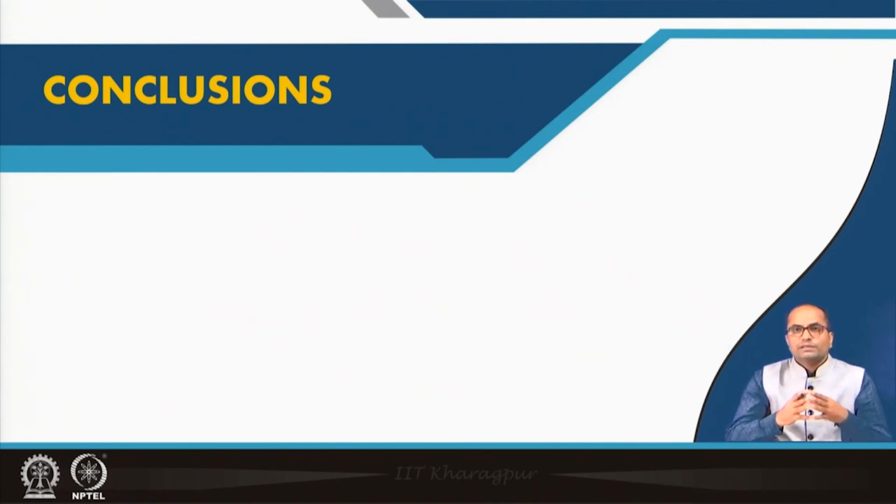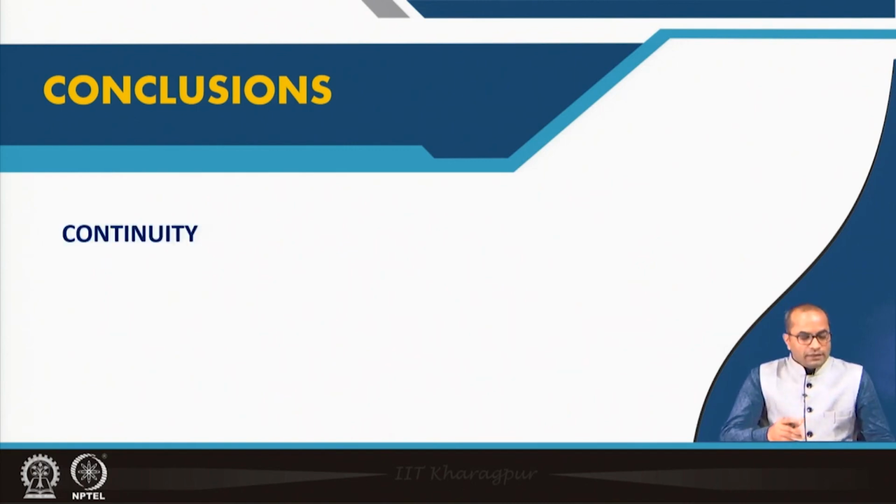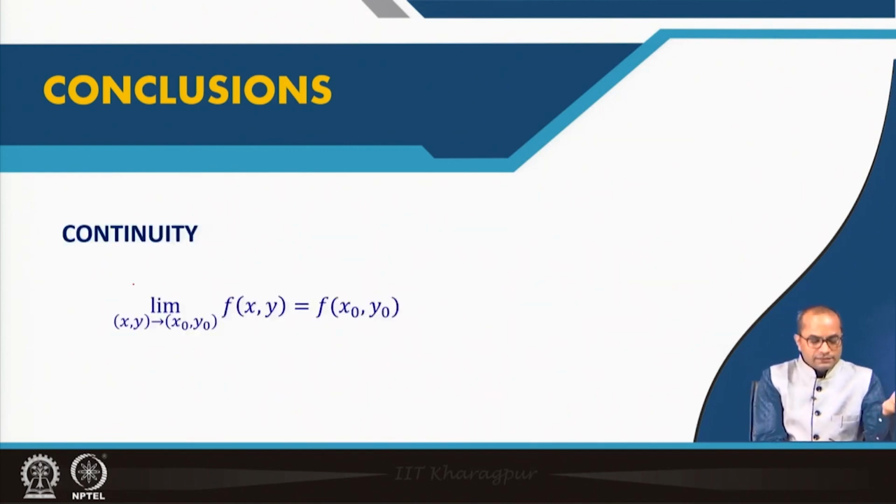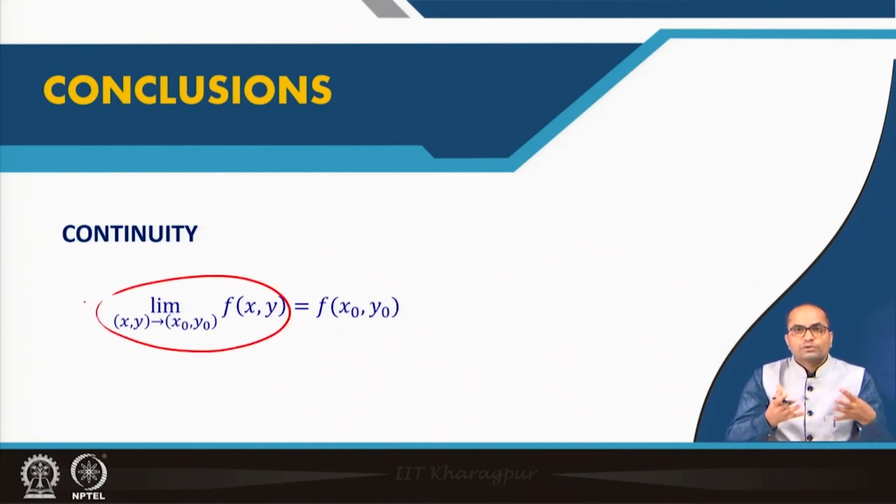So, there we need to be very careful, and at the end continuity was nothing more than finding the limit, and if this limit is equal to the function value at that point, then we say that the function is continuous.